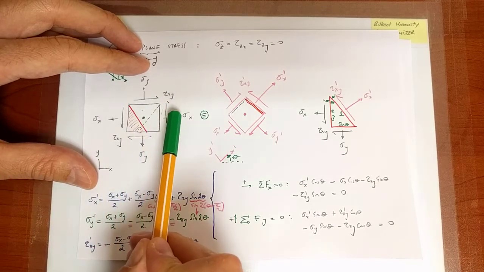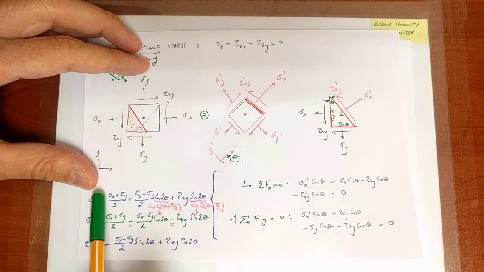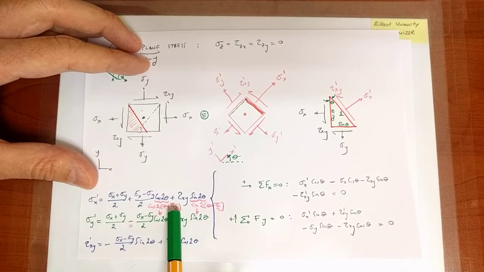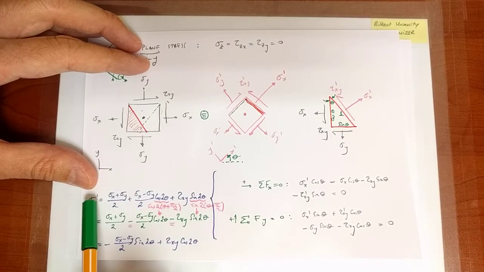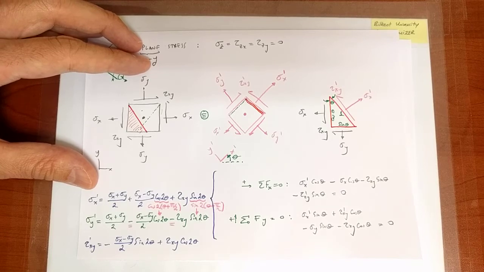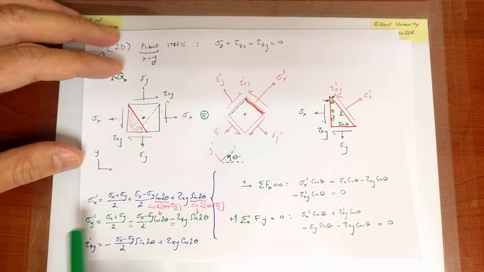So I can work with one and always find the other by taking into account that there's going to be a difference of pi over 2 between them. Let's keep that in mind. I'll focus on sigma x prime, and eventually together with tau xy prime, in the following analysis. So first, I will start with the normal stress.